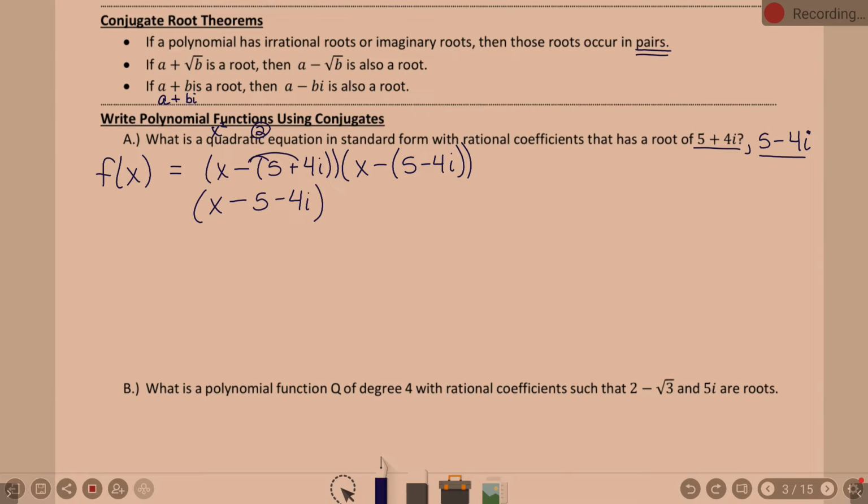So x minus the quantity 5 plus 4i is really x minus 5 minus 4i. Let's do the same thing with the other one. This is x, distribute that minus 5 and plus 4i. Okay, guys, those are the two factors that represent this quadratic equation.